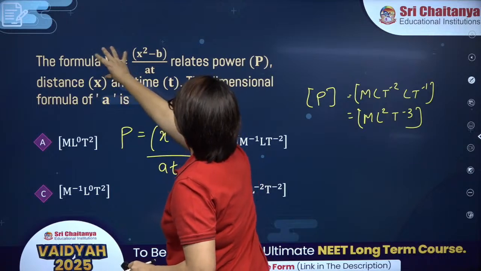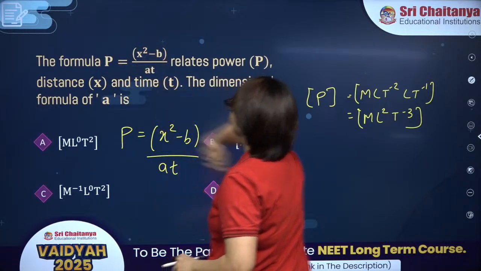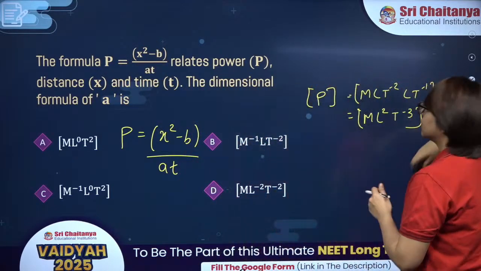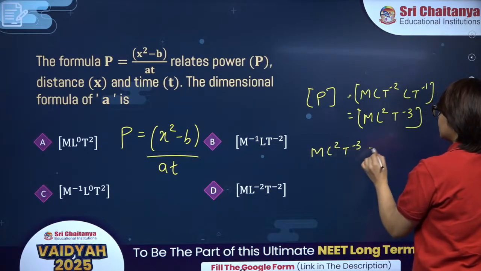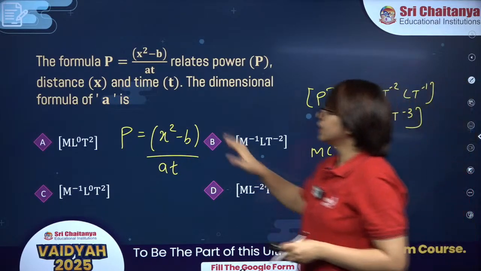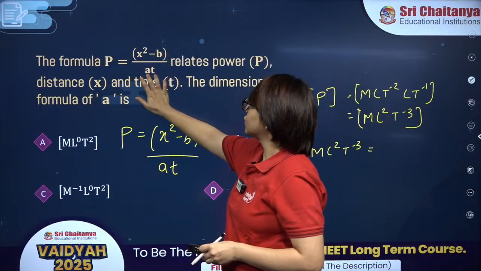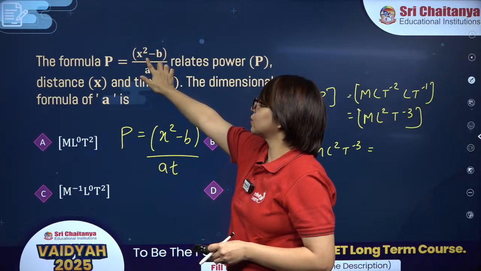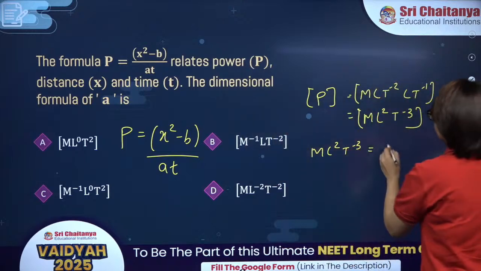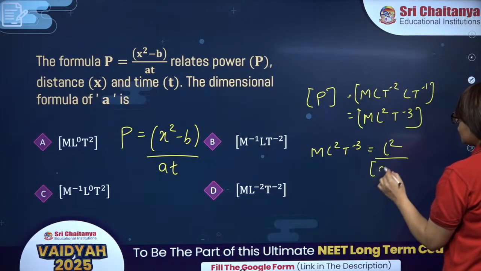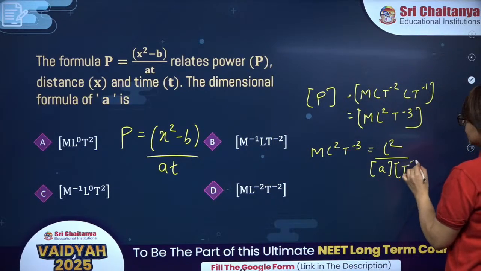That means if it is power, it should represent power, right? So power is M L square T minus 3 and it should be equal to the dimension of this divided by the dimension of this. X square is nothing but distance square, so it will be L square divided by the dimension of A into the dimension of T, which is T.